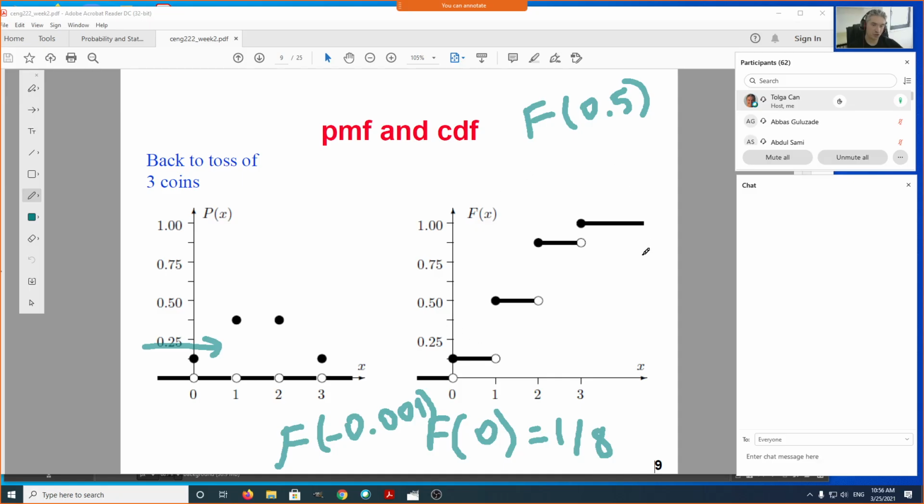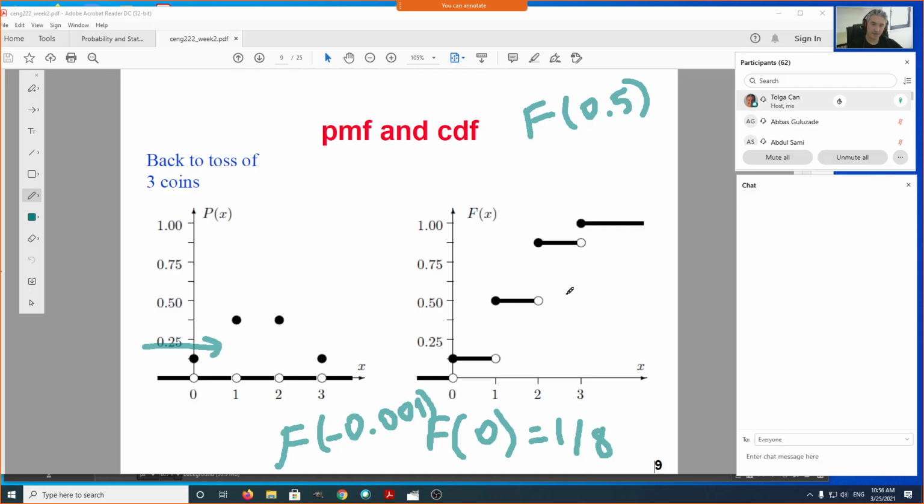So the cumulative distribution function, in discrete random variables, is not a continuous function that is integratable. Here it has these discrete jumps at these discrete values. This is what makes it a discrete random variable.